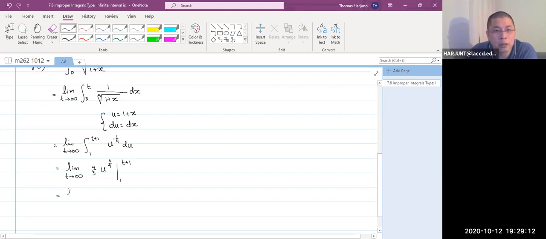That is the limit as t goes to infinity of 4/3 times (t plus 1) to the power of 3/4 minus 1 to the power of 3/4.